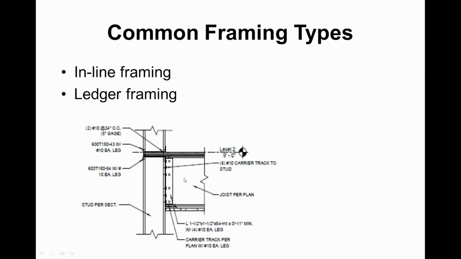So this has some advantages. Again, as I think about a load-bearing situation, I've got a direct load path right down through without having to work through an interface and the joist that's sitting in there. So as we look at the next slide, we're going to look at inline framing. Ledger framing is something in the future as far as standards are concerned in the AISI framing standards.